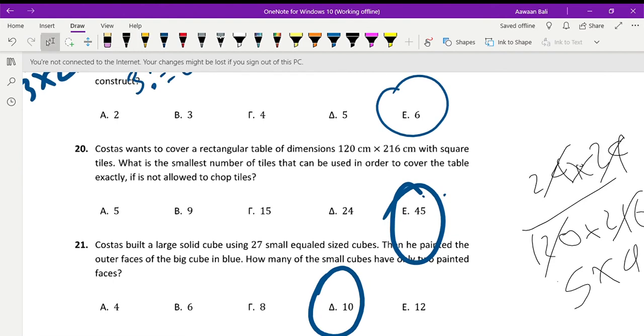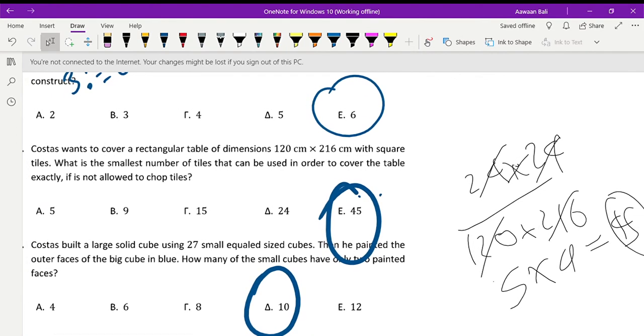All you needed to do is find a factor, and then simplify the equation you had by canceling, doing 120 divided by the factor and 216 divided by that factor to get 5 times 9, which is 45, and that factor is 24.